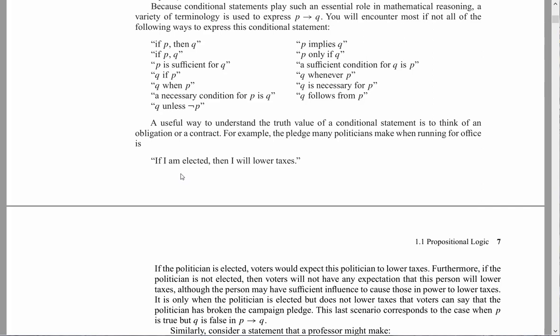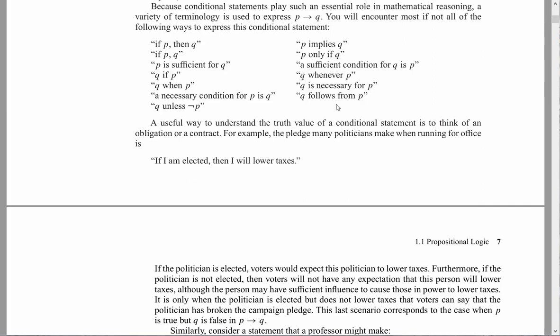But if he doesn't get elected, what do you expect? Well, you don't expect him to do anything, right? So if the first proposition turns out to be false, then maybe he has some power, maybe he can lower your taxes, but you don't expect him to. So the implication is not saying anything if he doesn't get elected.